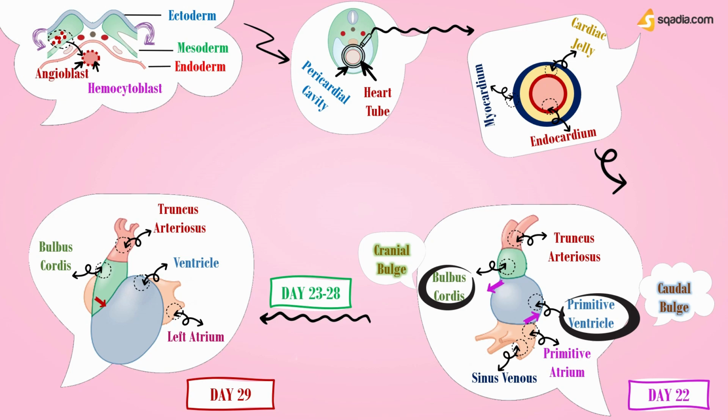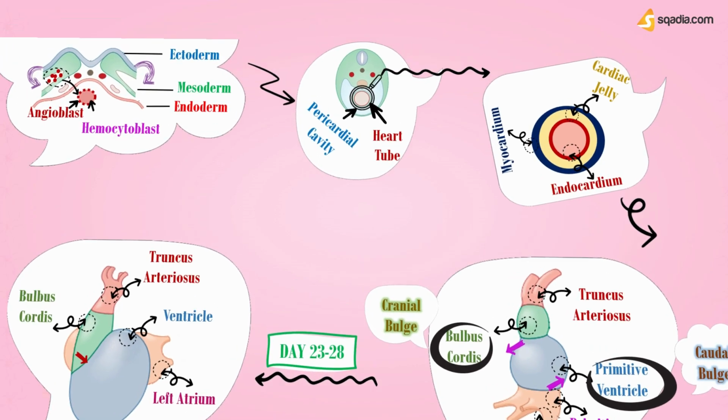We had also discussed the structure and fate of sinus venosus. Sinus venosus has left sinus horn and right sinus horn. As you can see, each horn has further 3 extensions.